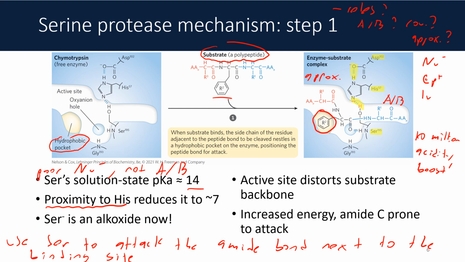That is what ultimately allows the histidine to deprotonate serine into ser-, an alkoxide, which looks like that. Alkoxides are great nucleophiles.